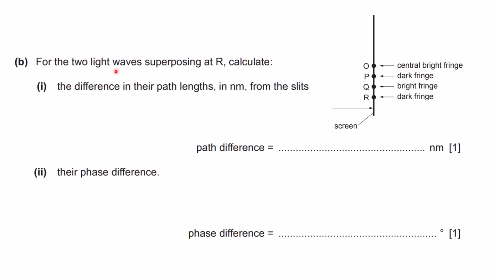For the two light waves superposing at R, calculate the difference in their path lengths in nanometer from the slits, the path difference and the phase difference.